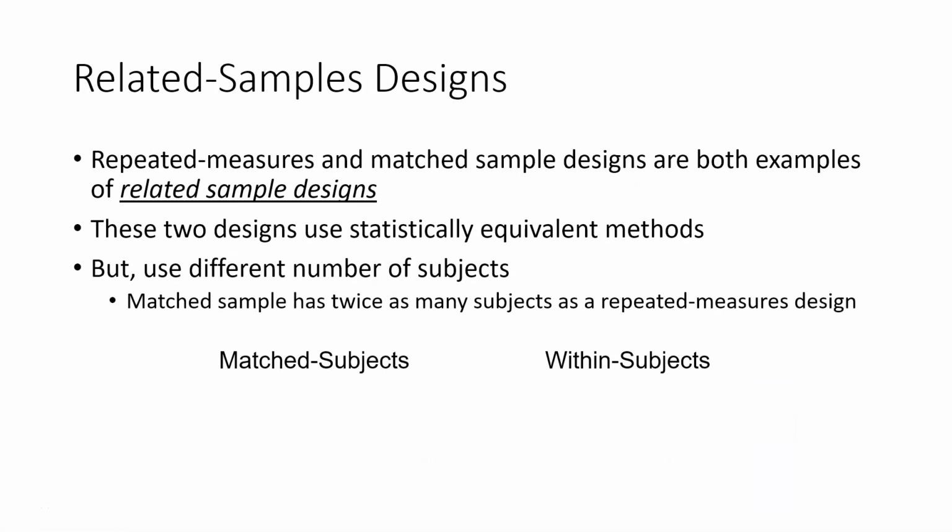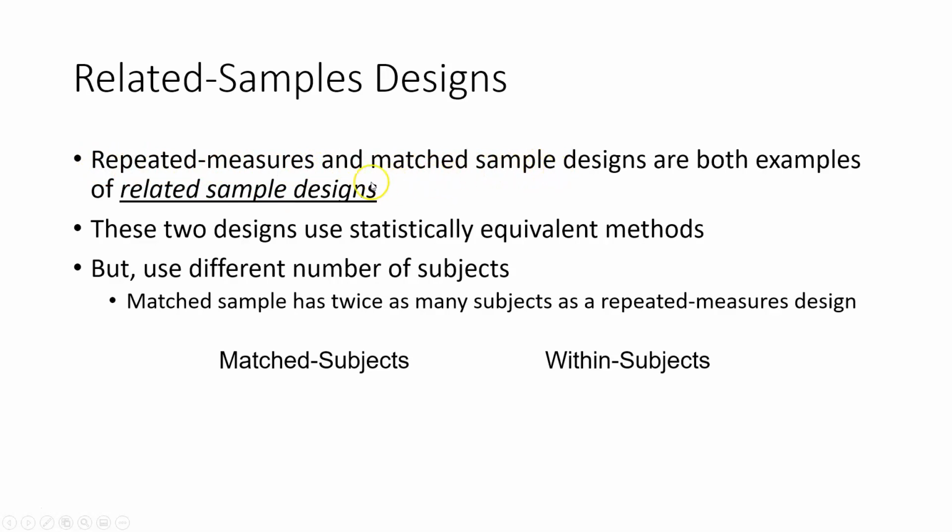A repeated measures and matched sample design are both examples of this concept we call a related samples design. So you remember on the first slide of this module, the title slide, I had used this phrase, related samples. And the reason why I used it there is because this is kind of a parent category that encompasses both repeated measures designs and matched samples designs.